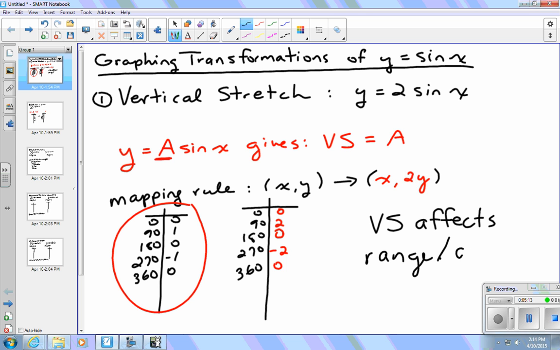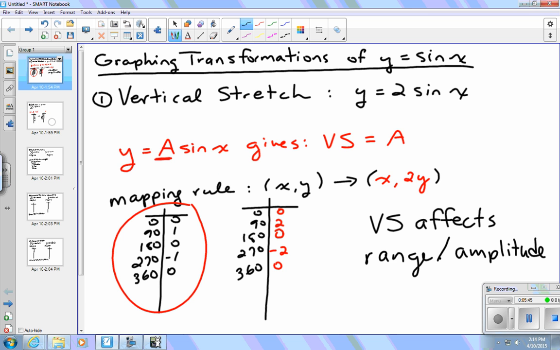And also the amplitude of the curve. When we're talking about range, we're talking about the specific y values that the function covers. When we talk about amplitude, we're talking about the distance from the sinusoidal axis, from the middle of the curve to its peak or to its low point. So the vertical stretch affects those two. It doesn't change the period or the sinusoidal axis, just range and amplitude.